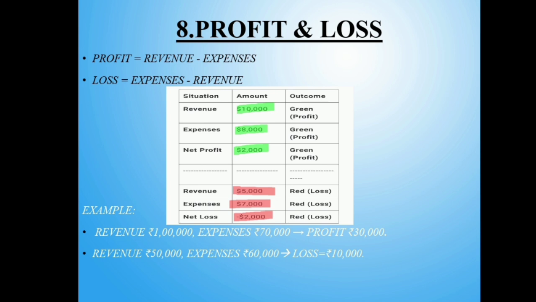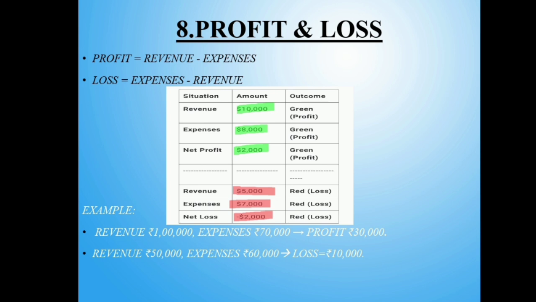Imagine you have a small business and your total revenue income is 1 lakh, but to run the business you have expenses like rent, salary, electricity and materials which total 70,000 rupees. Now we calculate profit using the formula: profit equals revenue minus expenses. We get a profit of 30,000 rupees.